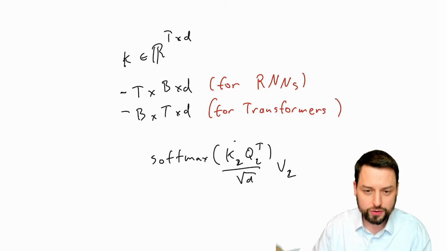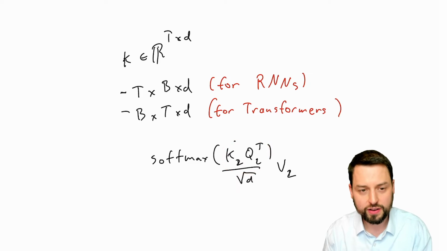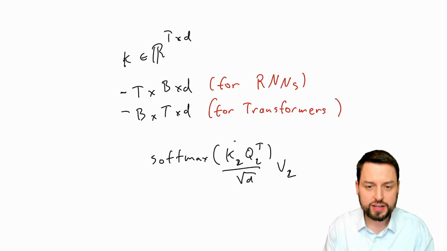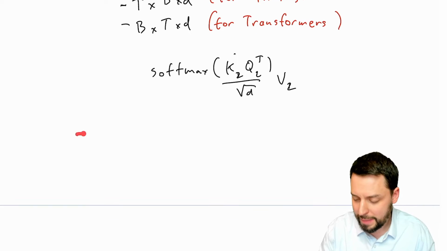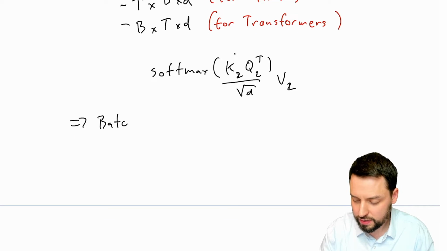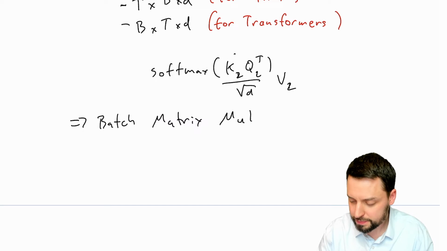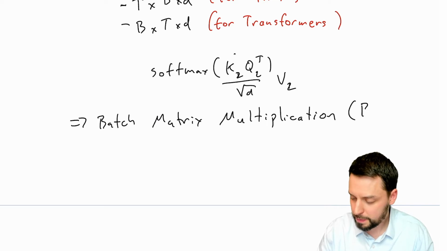Because in order to do this, just think about forming all the multiplications of Ki times Qi for every element in our batch. It turns out to do this, we actually need a new call, which is called a batch matrix multiplication, also sometimes called a BMM call.